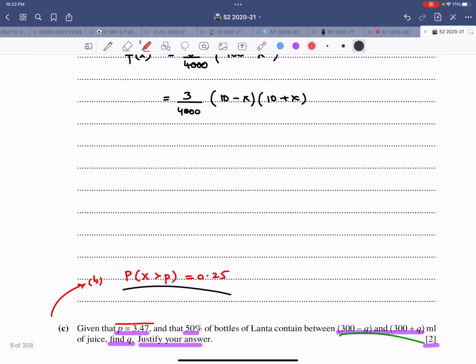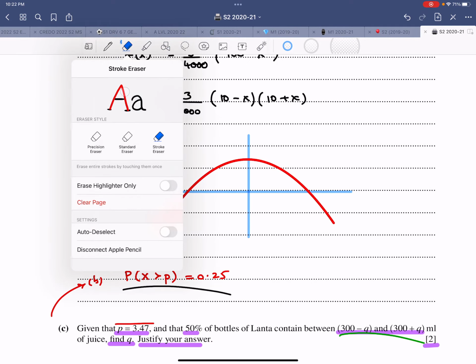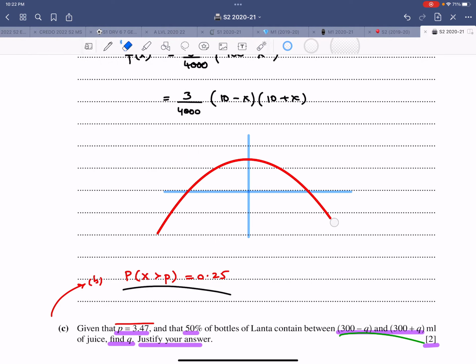So if I draw this diagram, that's the x-axis, that's the y-axis, and that is the curve, something like this. So now if I want to limit this thing, and let me use an eraser so that I can keep this intact, this one is basically negative 10, this one is basically positive 10.